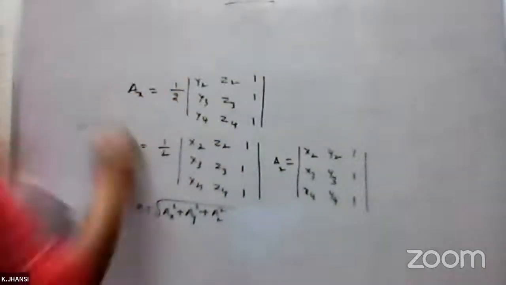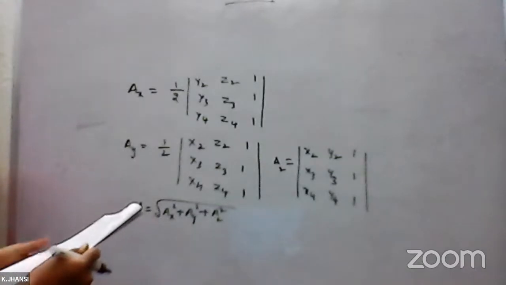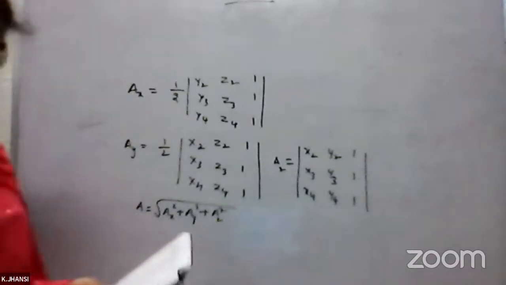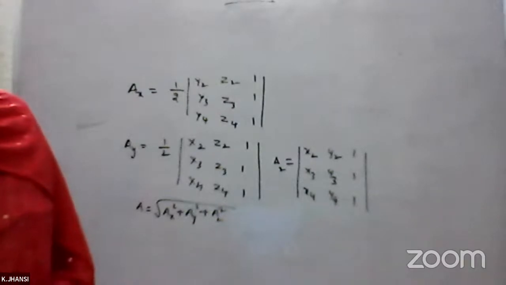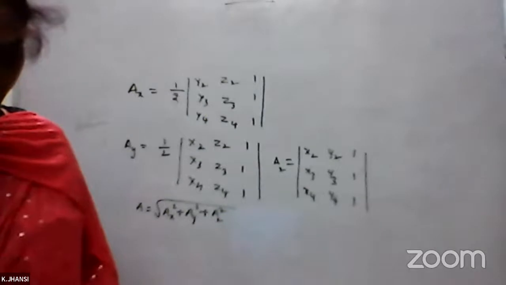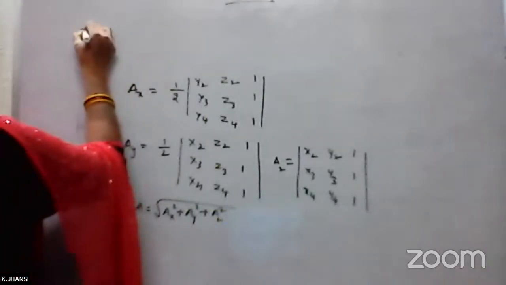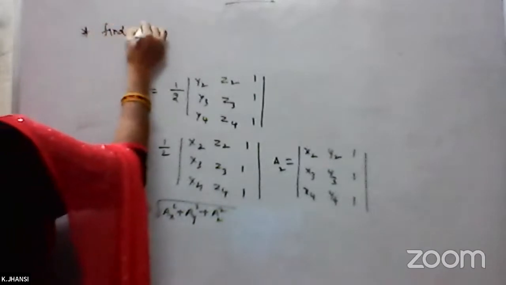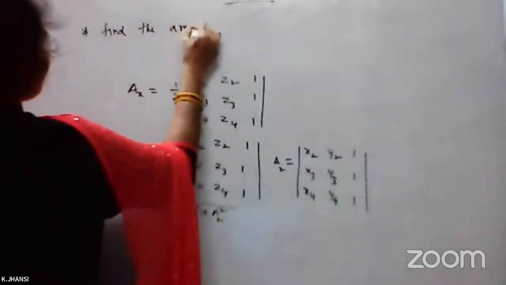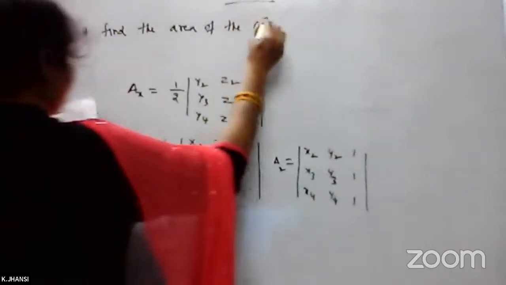So we have the question here. Find the area of the triangle whose vertices are.